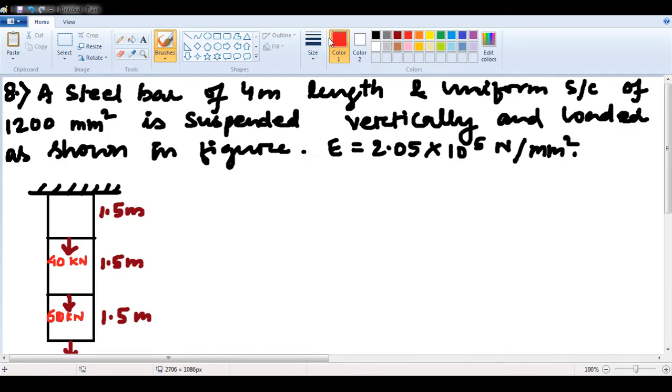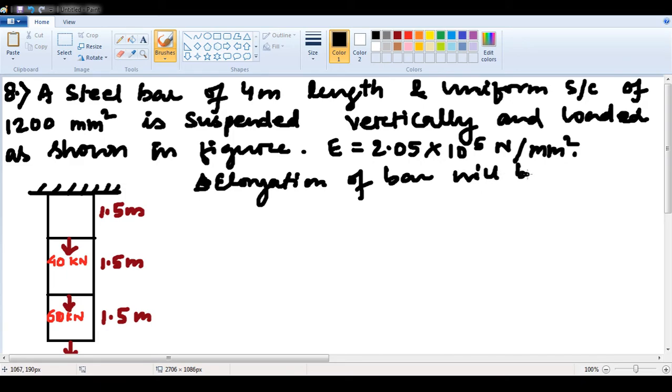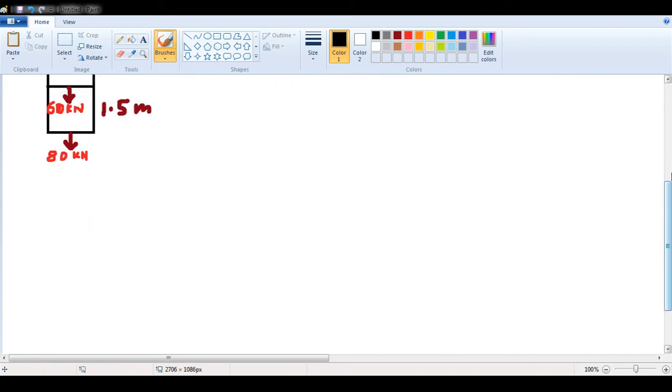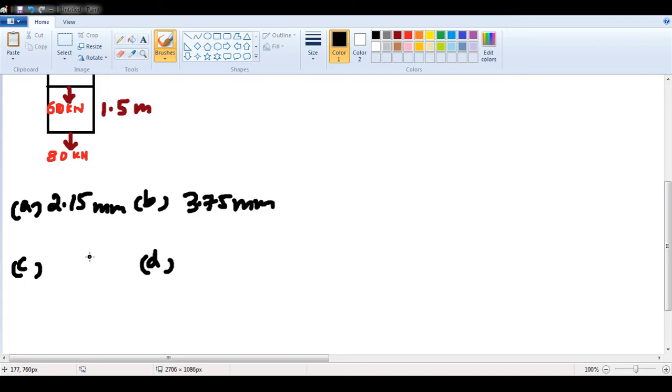So the question is asking to find the elongation of the bar will be how much, and the options are A, B, C, D. Option A is 2.15 mm, B is 3.75 mm, C is 1.077 mm, and D is 2.45 mm.